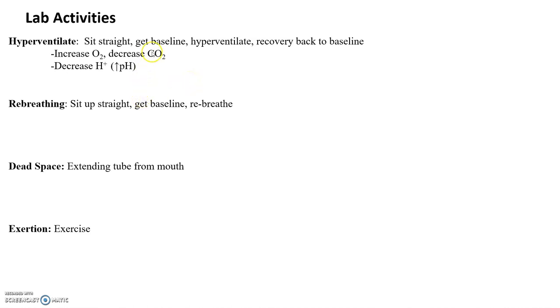So in this case, if carbon dioxide decreases, then hydrogen ions will decrease on the other side of the equation. That will cause an increase in pH, or a more basic blood, and then the response is for the integrator to slow down respiration and decrease the depth of breathing.